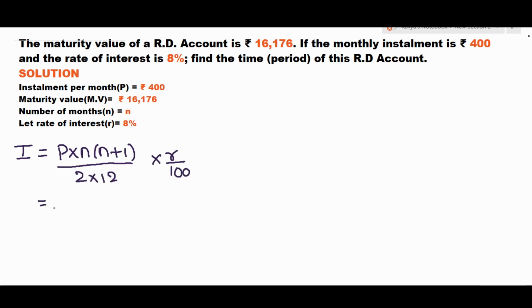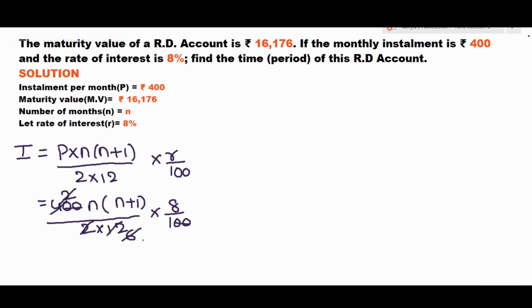P is 400, n I'm keeping as n itself, R value is 8. The 2 zeros from the 100 get cancelled with the 2 zeros in the 400, and it reduces to 4 into n plus 1 divided by 3.